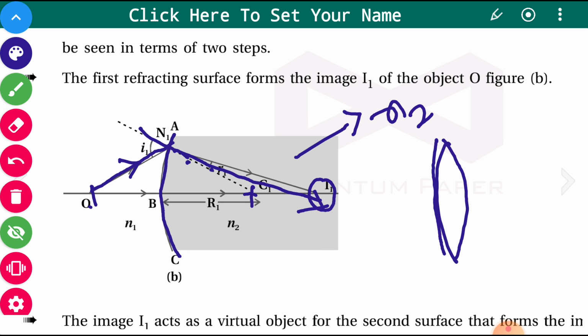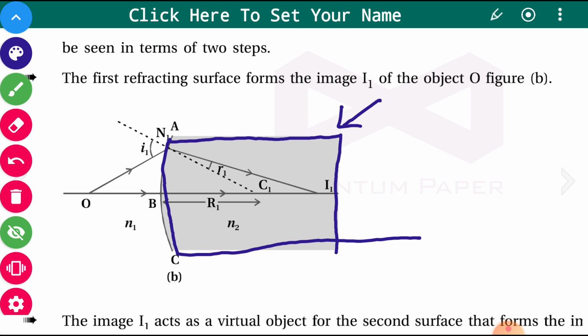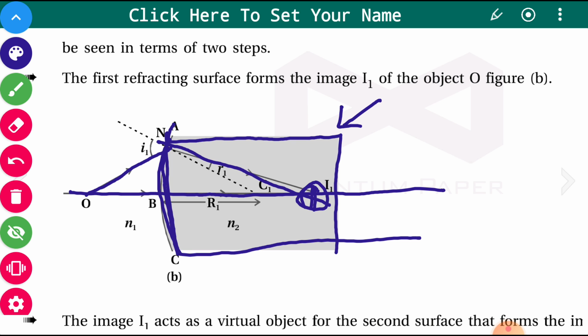Try to understand, if this side is made up of a denser medium, and only this surface is present, then the image would have been obtained at this point, that is I1, according to the last theory. This is the incident ray, this is the refracted ray, and this is another ray. The two rays will meet here and the image is formed at this point I1. This is the medium whose refractive index is n2.